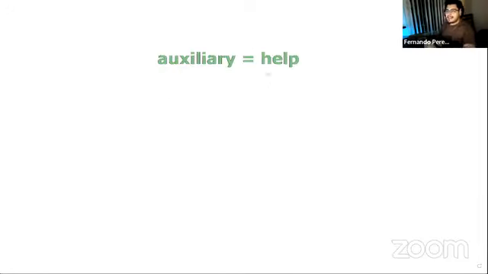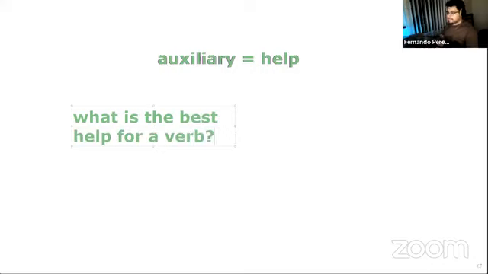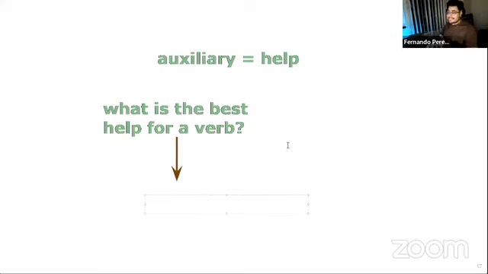Similar to Spanish, right? And what is the help? The best help for a verb is the auxiliary do, because it represents this.